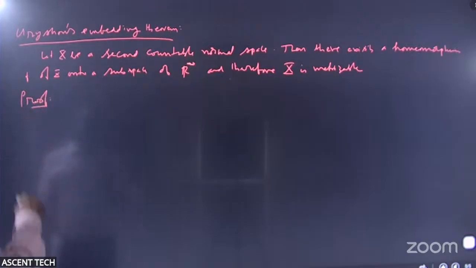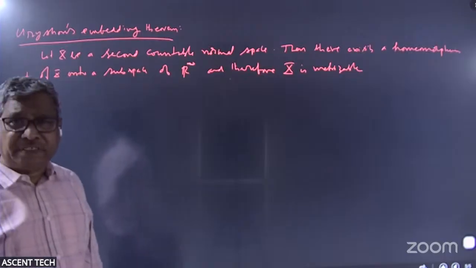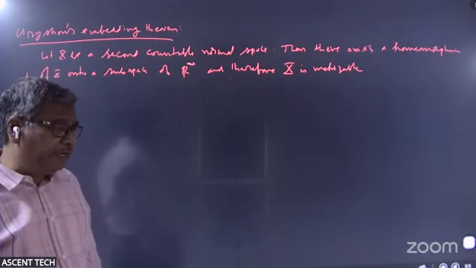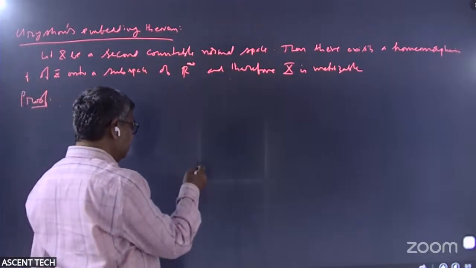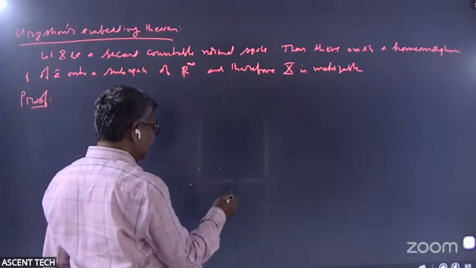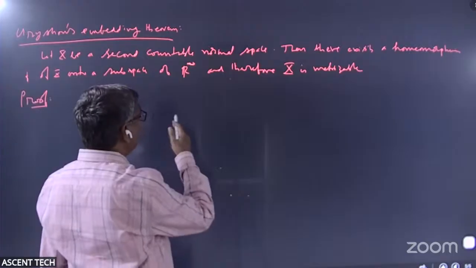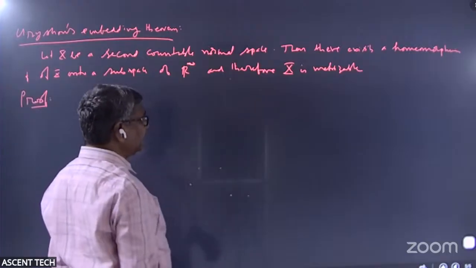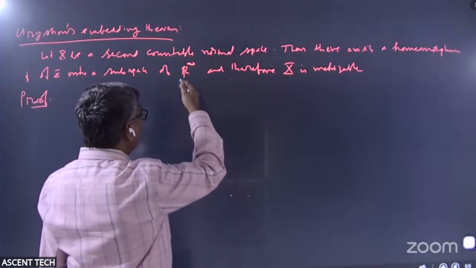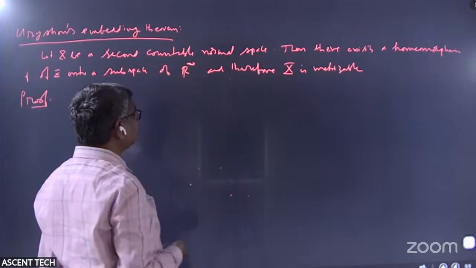The space we have taken, X, can be only a finite space. Then it is not a big deal. If you have only finitely many points, they can always be mapped to finitely many points there. A finite subset of R infinity has only the discrete topology.